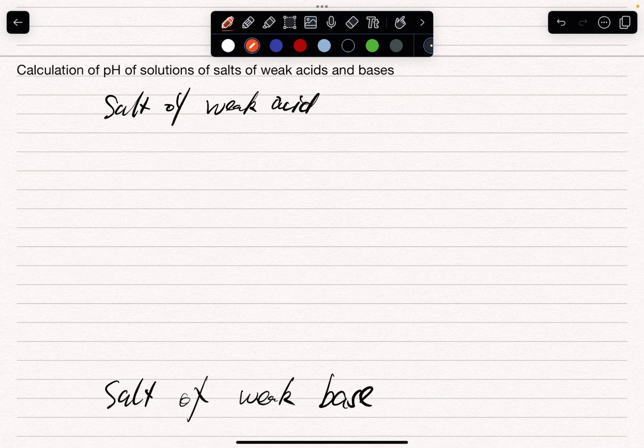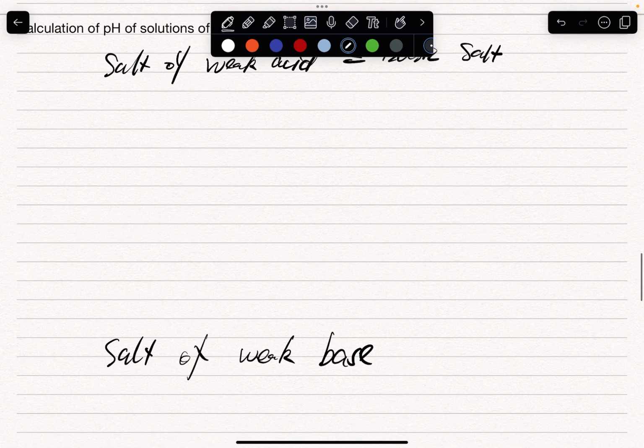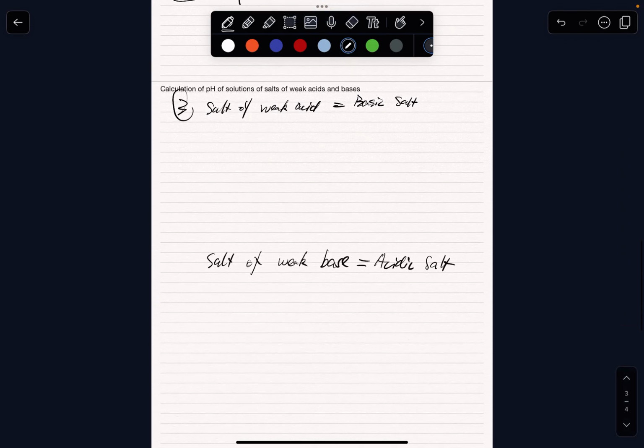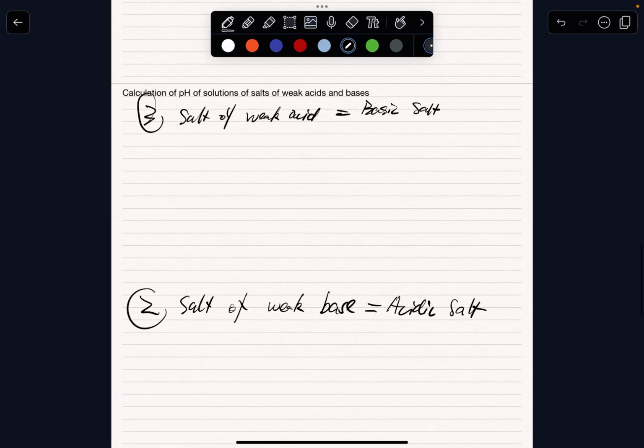As we mentioned before, the salt of a weak acid is just a basic salt, right? And this is just an acidic salt, okay? So this is really case 3 here, and this is case 2 above, right?